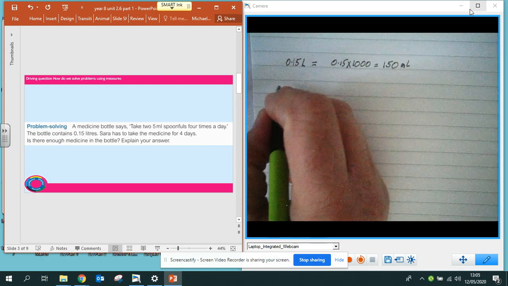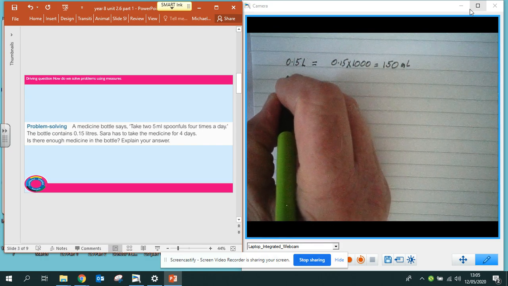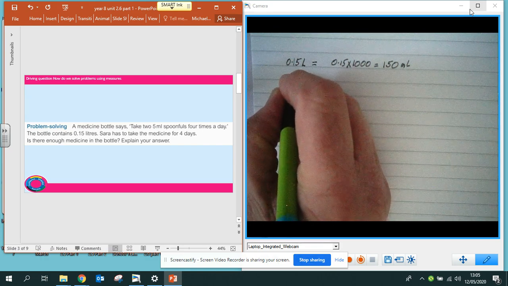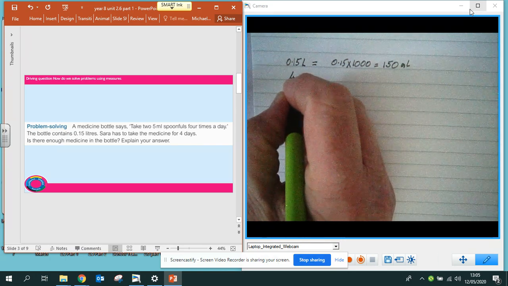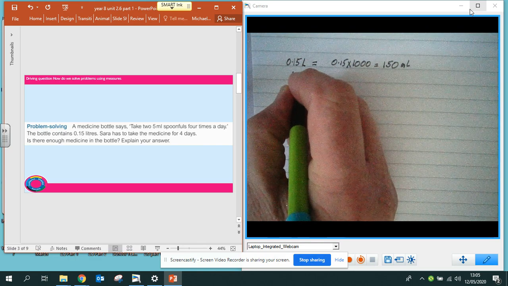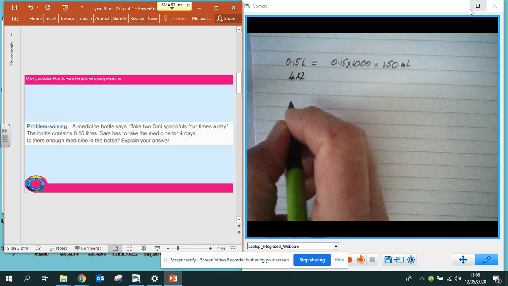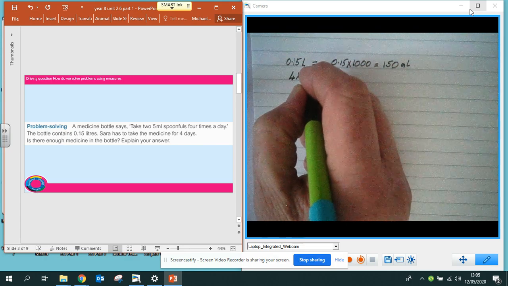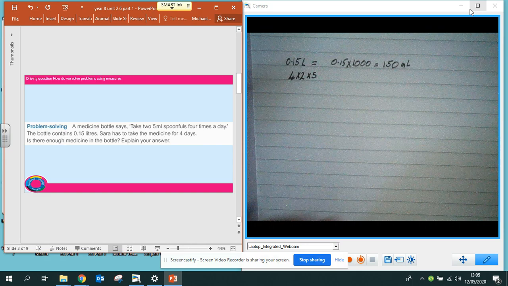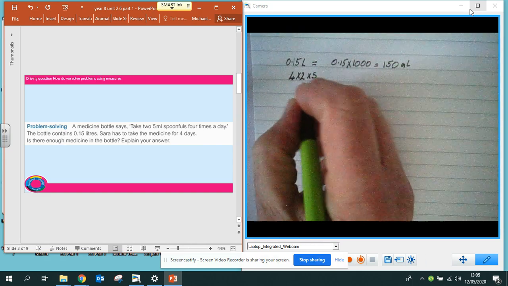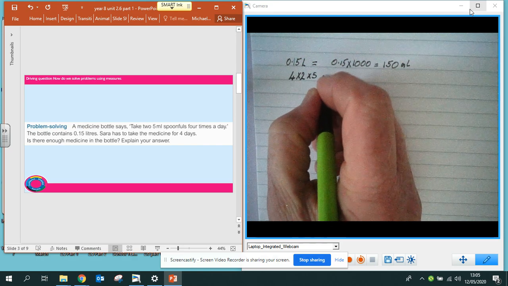In a day, Sarah takes her medicine 4 times a day. Each time she takes her medicine, she takes 2 spoonfuls, so that's 4 lots of 2, and each spoonful is 5 milliliters. So in a day, 5 times 2 is 10, times 4 is 40.